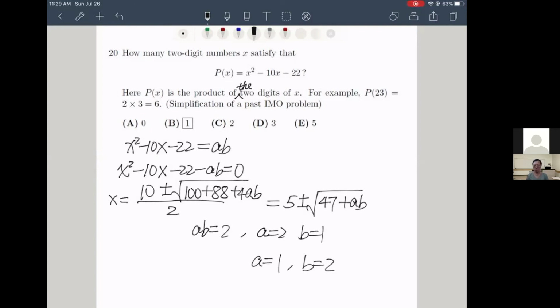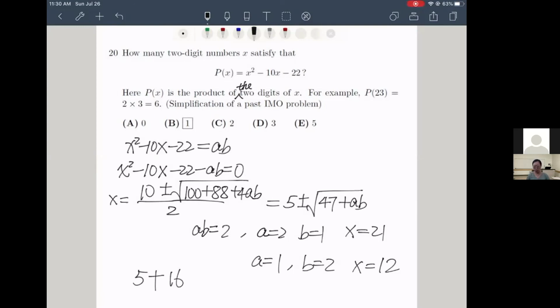For the first one, it gives us 21. For the second one, it gives us 12. Do both of them work? Let's just check. If x equals 21, within the square root we have 5 plus 16, we need a 5 plus 16.